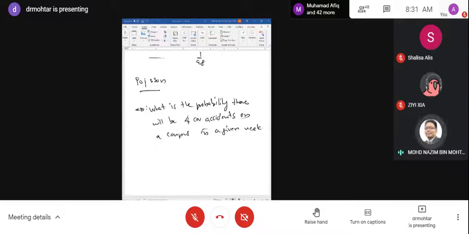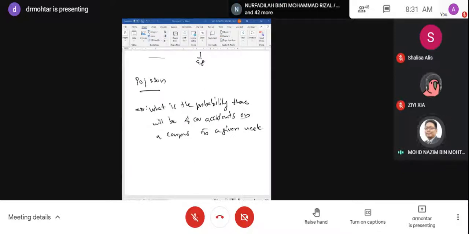So the Poisson's distribution will answer the number of events in a given time, length or area.